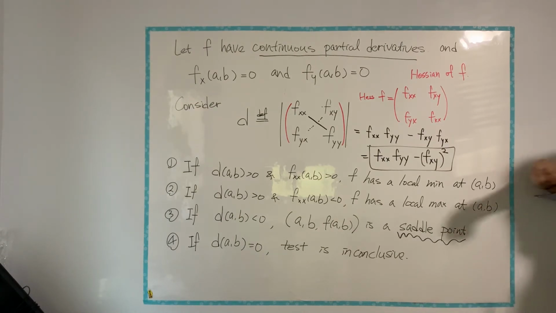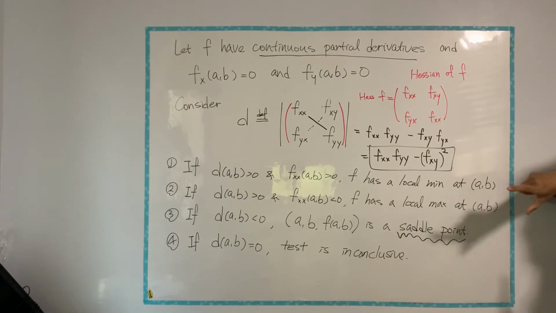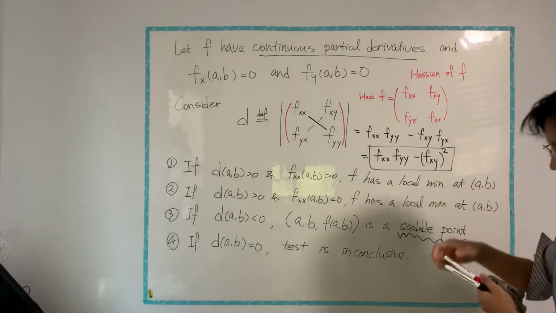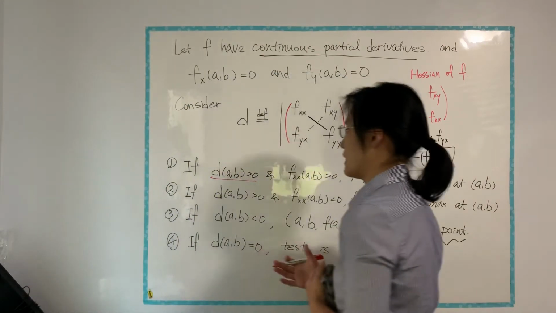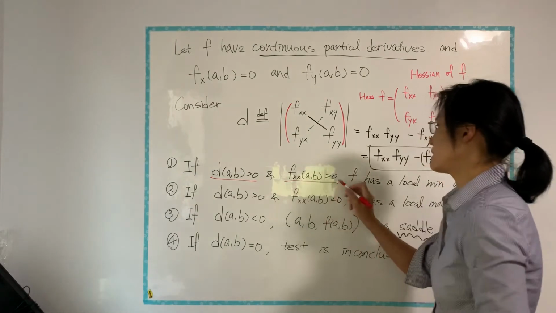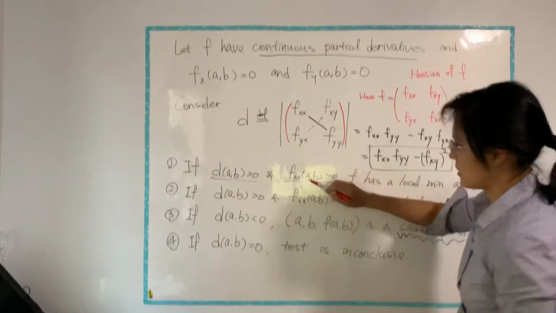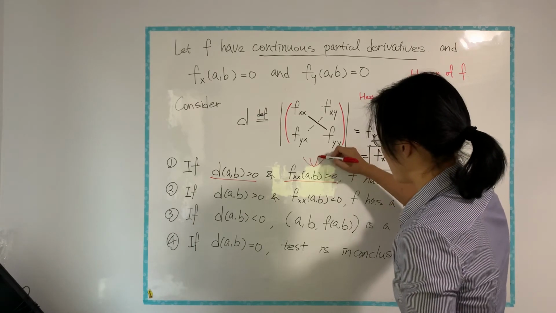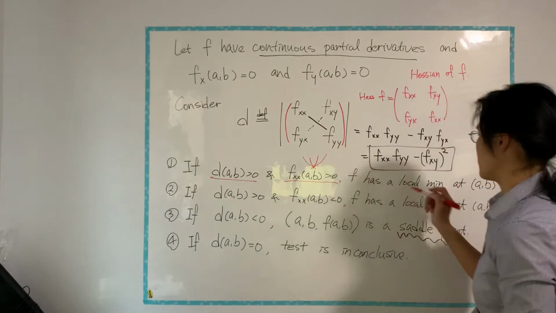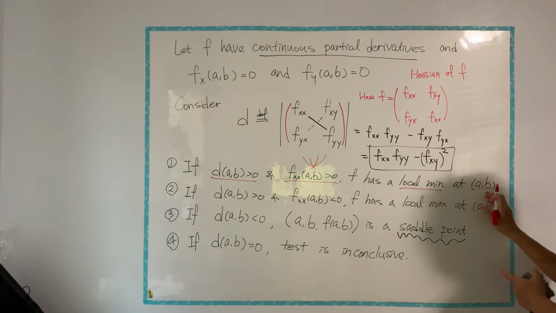Now you're going to evaluate this determinant function at the critical point. Here's the important part. If the determinant at (a, b) is positive and f_xx at (a, b) is positive, this tells you the surface locally opens up. Therefore this point gives you a local minimum, so f(a, b) is a local minimum value.